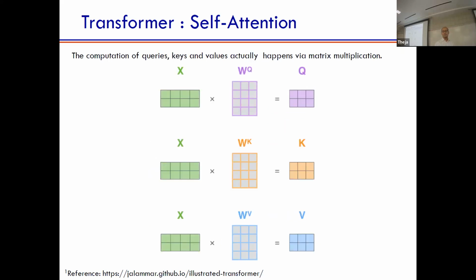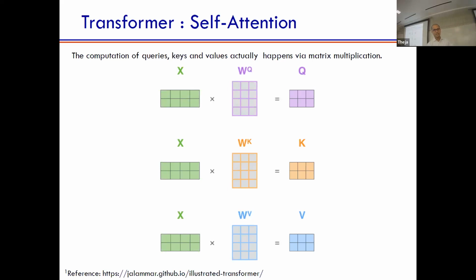Okay, so the same thing that we saw can be vectorized, right? Why would we separately look at each embedding and separately compute these queries, keys, and values, and separately compute the attention weights and all that? You can actually just stack the embeddings one below the other and multiply by the WQ matrix for the self-attention sublayer, and that gets you the two query vectors. Similarly, you can get the two key vectors and the two value vectors in one go by matrix multiplication.